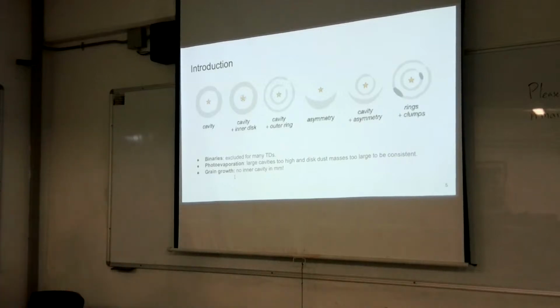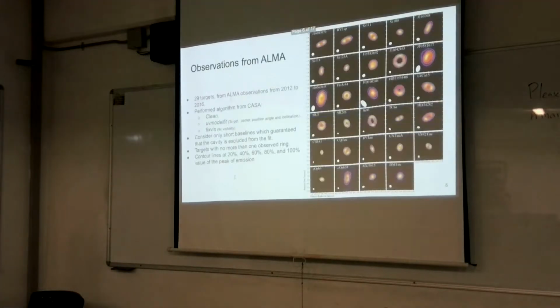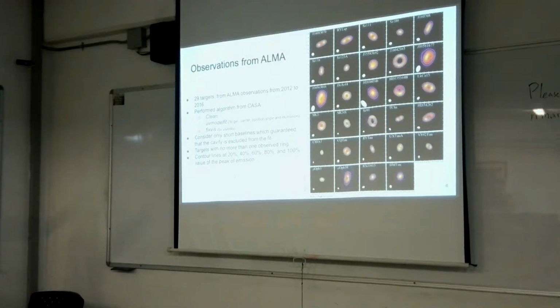But how did they know that? Because they used ALMA, they cleaned the data and they considered the UV model fit for the center position and considered just targets with these characteristics.